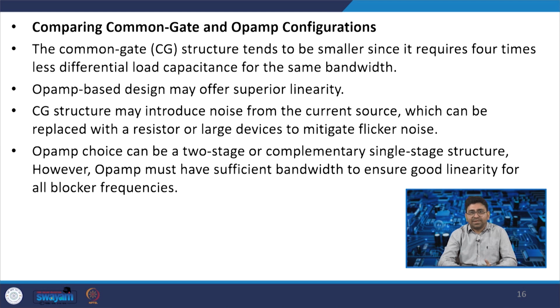However, the op amp must have sufficient bandwidth to ensure good linearity for all blocker frequencies. So, in terms of linearity, the op amp configuration is much more advantageous compared to the common gate configuration. However, the common gate configuration has an advantage in terms of noise.